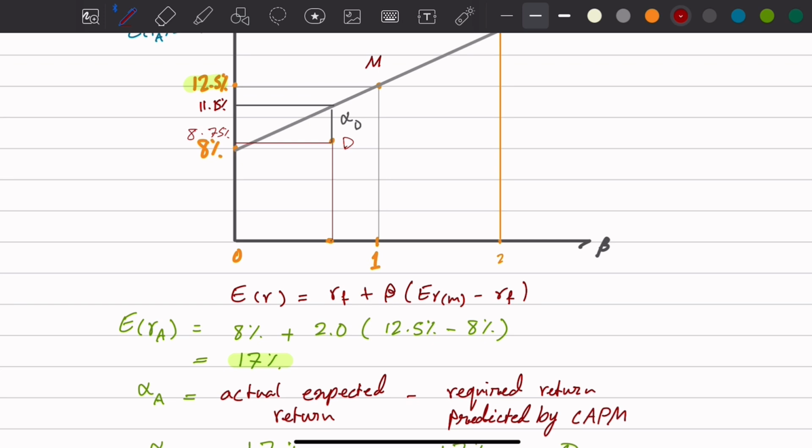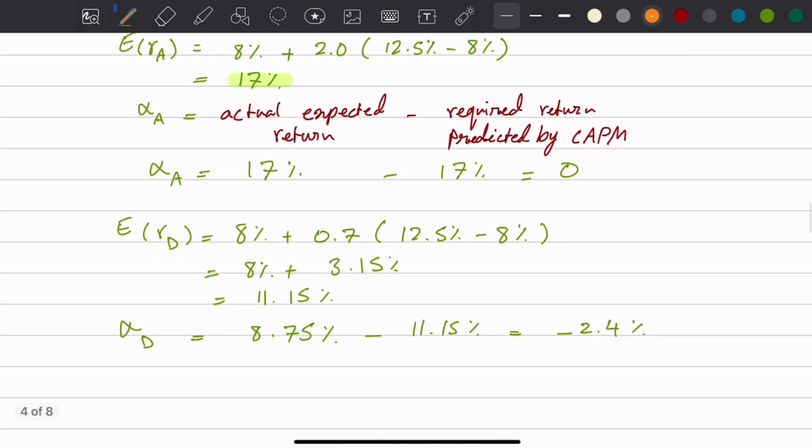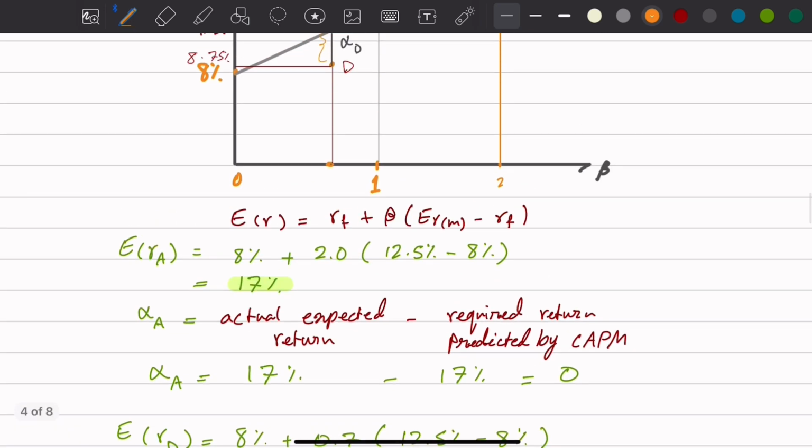Because based on the capital asset pricing model, this particular stock should generate, or should be required to generate 11.15, but based on the analyst's opinion, it's only expected to generate 8.75%. Okay, and that difference or that gap is called alpha. Okay, this distance right here. Okay, so that would be the answer to part D.